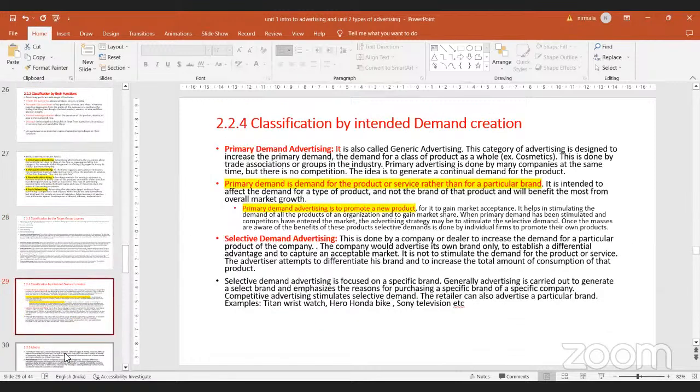Then based on the demand, there is primary demand or selective demand advertising. The primary demand is where you go for generic advertising. Here, the primary demand is demand for the product or service rather than for a particular brand. For example, if you have a hospital, what you immediately need for the patients is a medical shop.